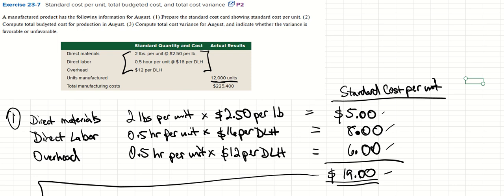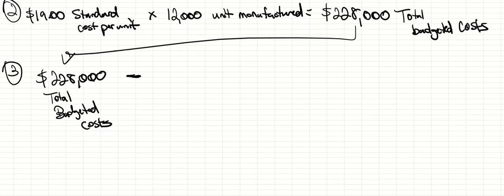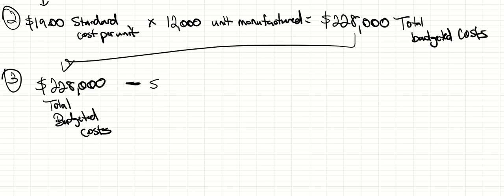So they let us know that the actual results, so our total manufacturing cost, which is our actual, not budgeted, is $225,400. So that's what I'm going to subtract it by, $225,400. Before I do the math, I'm going to put on here total actual costs.